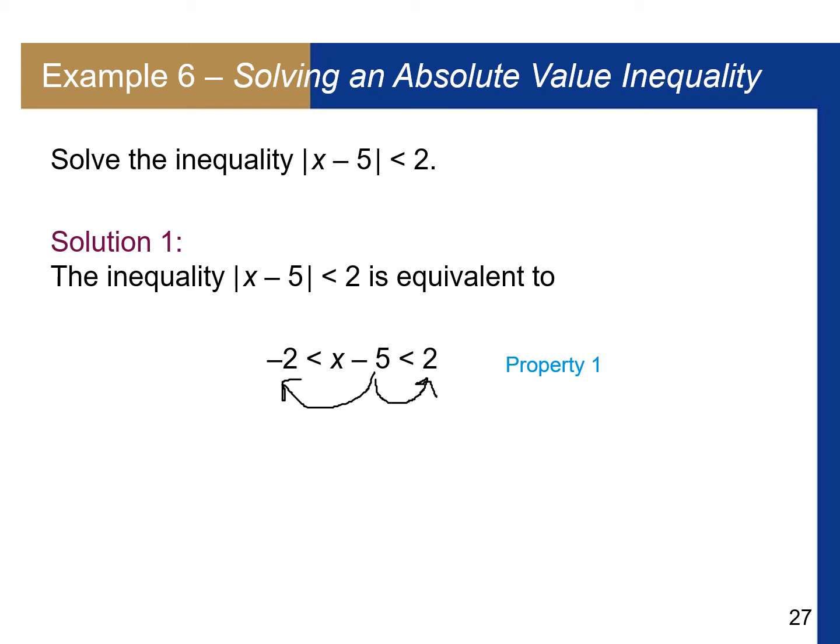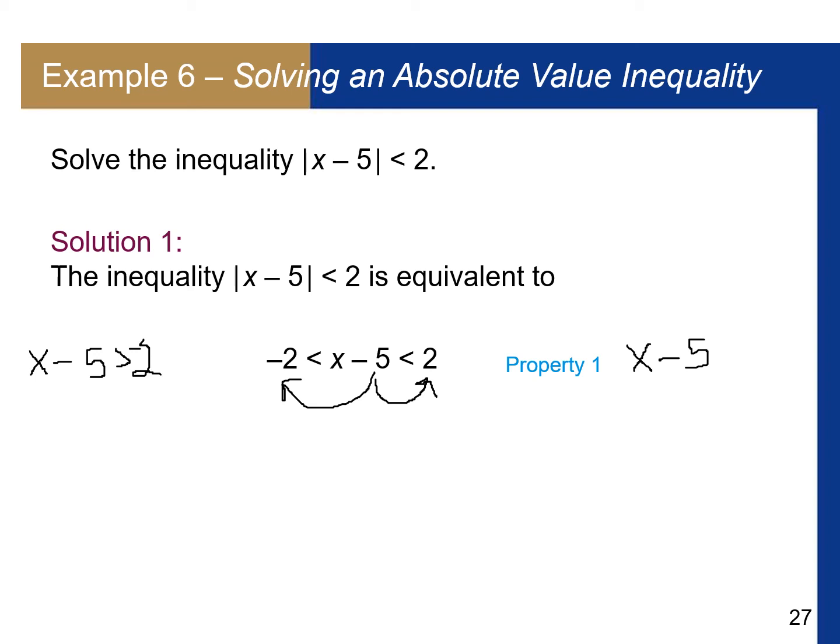Now, some people like to write this separately. X minus 5 is greater than negative 2, let me put the negative there, reading it this way.